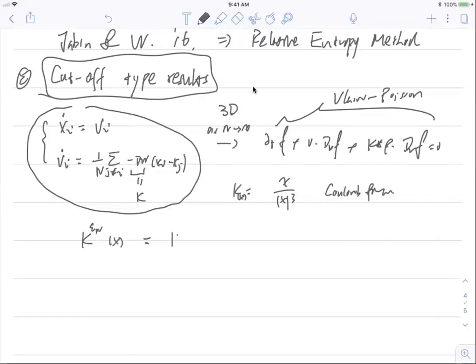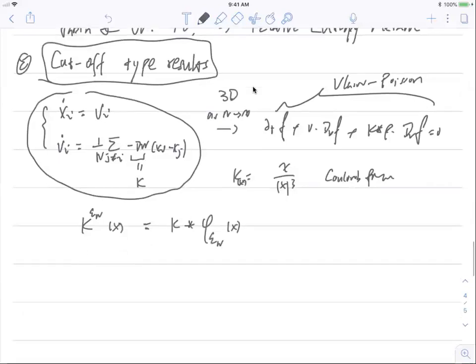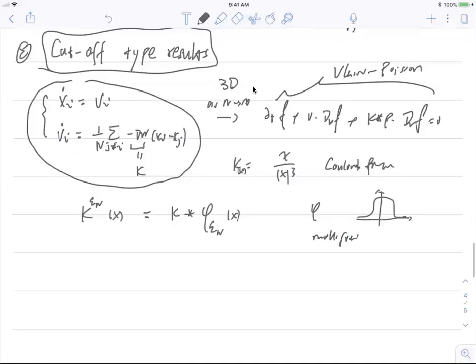It can be like a convolution with phi epsilon n x, where phi is a modifier. This is one way.